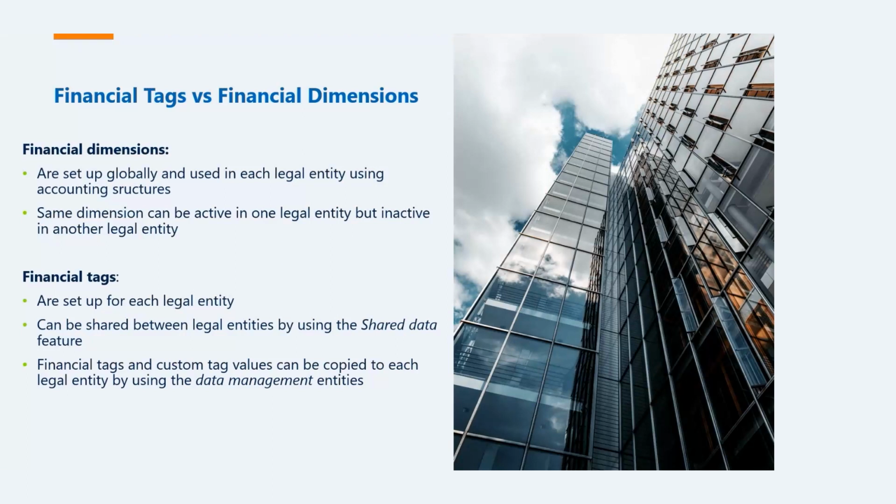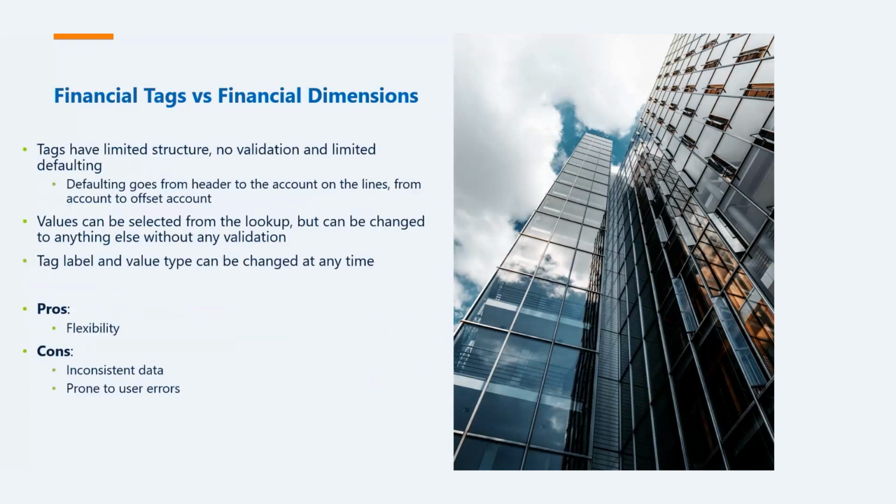For financial dimensions, same dimensions can be active in one legal entity, but inactive in another legal entity. So it's not the case for the financial tags. So that's the rough comparison of those. Some more. Tags have limited structure, no validation, and limited defaulting. So as defaulting goes, basically I showed you shortly about journals. So in the header level, you can specify the tag values.